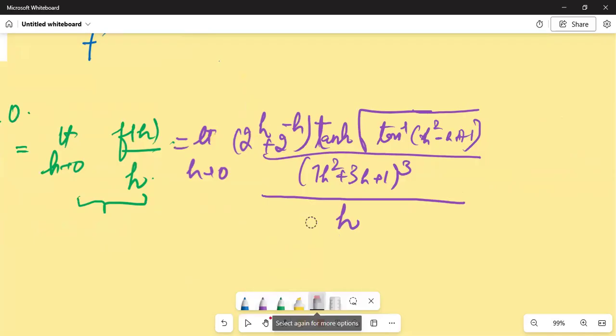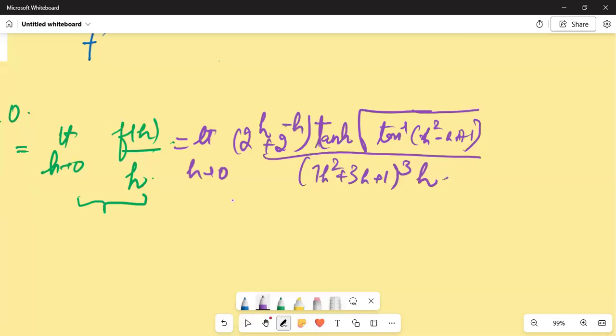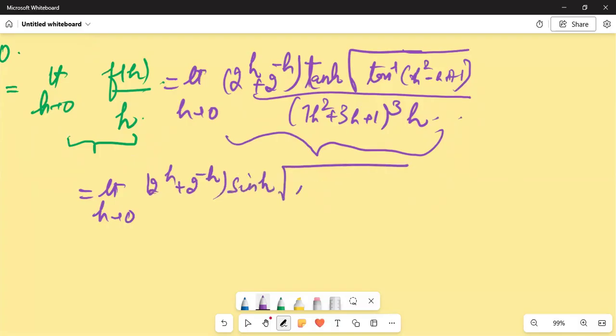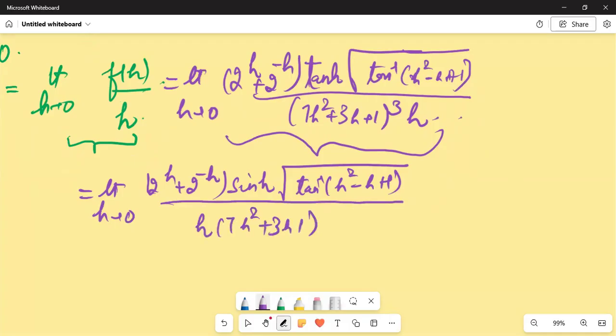So basically the h goes in the denominator only. Here is h. So you need to evaluate this limit. Now if I try simplifying the tan, tan h is sin h upon cos h.